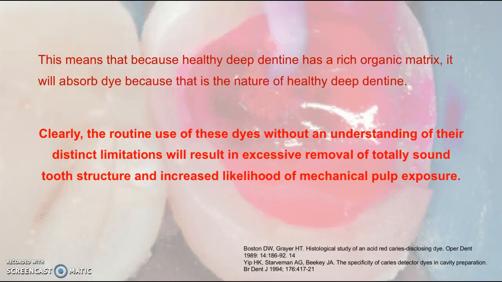So dye has become increasingly unreliable, and now the routine use of these dyes without an understanding of their distinct limitations will result in excessive removal of totally sound tooth structure and increased likelihood of mechanical pulp exposure.